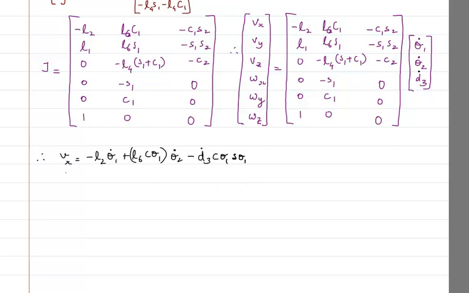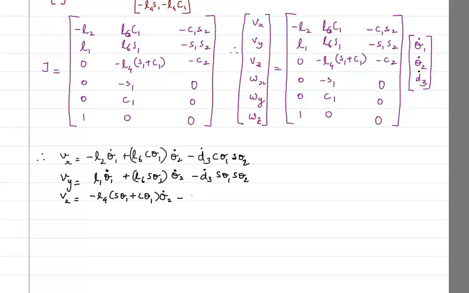Similarly, I can write Vy, with sin theta 2, sorry. Similarly, Vz: the first term is 0, so it is minus L4 sin theta 1 plus cos theta 1 into theta 2 dot, minus d3 dot cos theta 2.